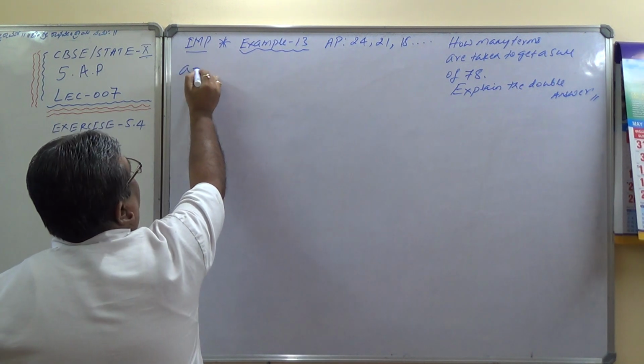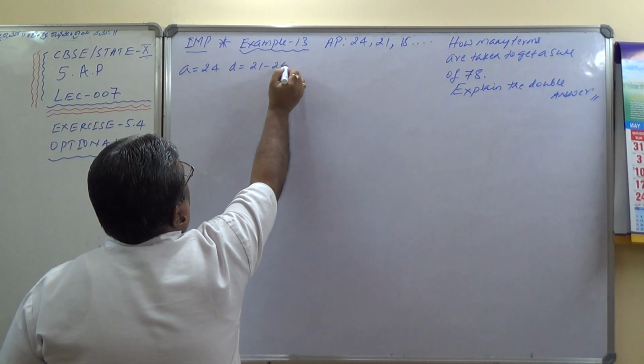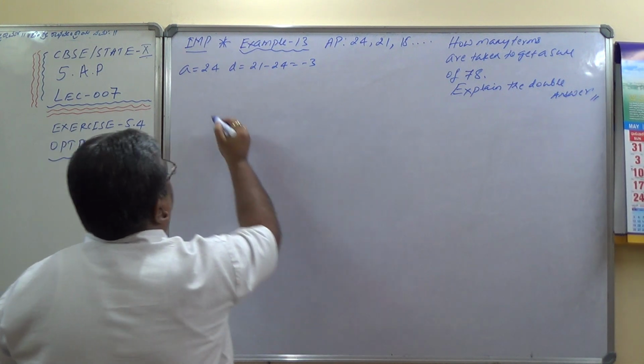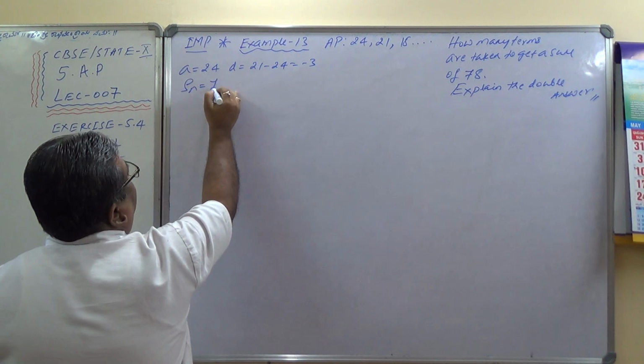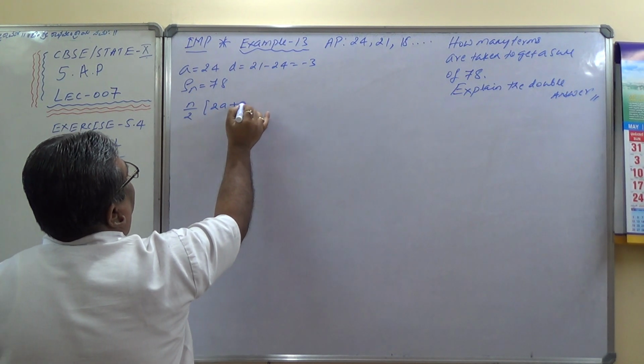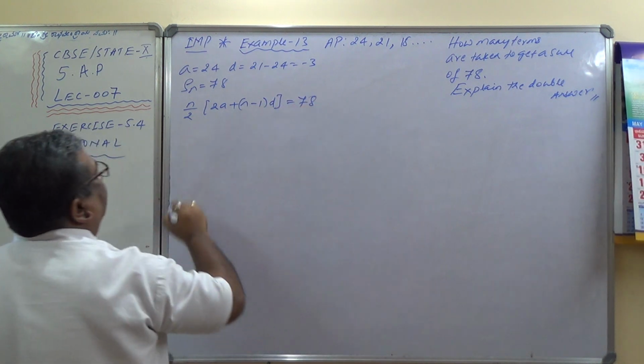So, A equals 24, D equals 21 minus 24 is minus 3, and Sn equals 78. n by 2 into bracket 2a plus n minus 1 into d equals 78.